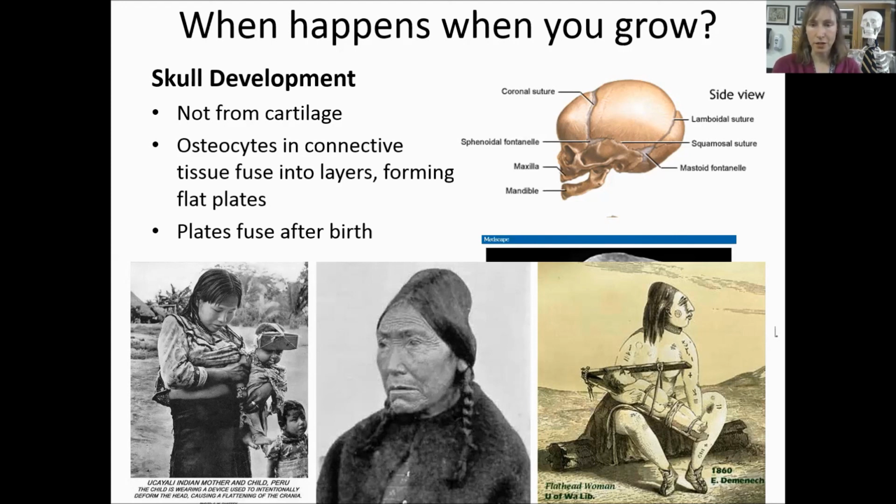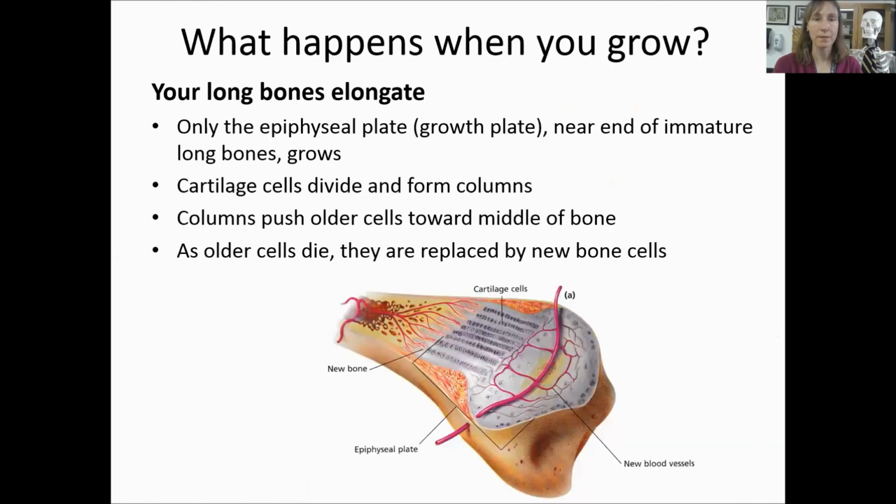And then the third picture there is just another device to kind of reshape that baby's head. This was often done in cultures where it was considered that it made you look royal or aristocratic if you had a skull of a certain shape. So just kind of interesting that some cultures have made use of a baby's skull being what we'd say plastic, meaning still flexible, meaning not all the way formed and rigid yet.